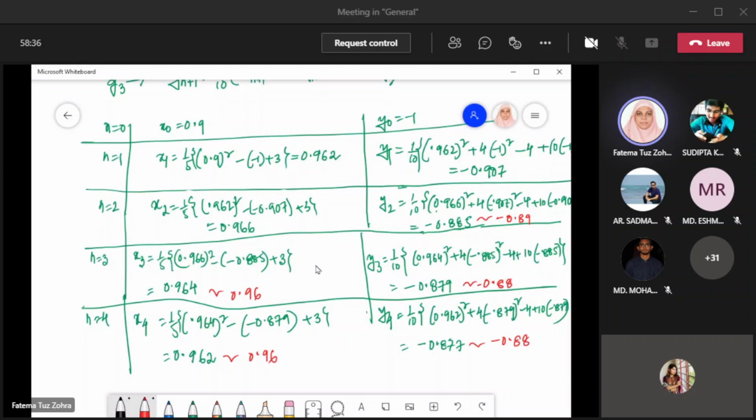So the solution is x equal to 0.96 and y equal to minus 0.88. Answer.